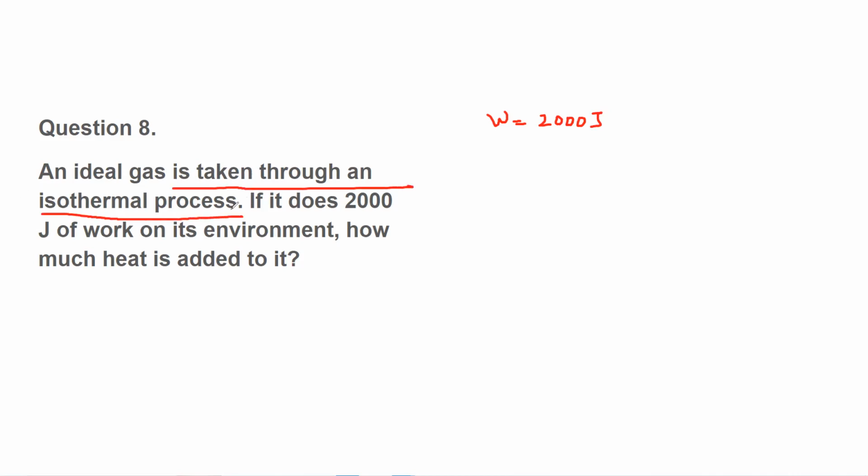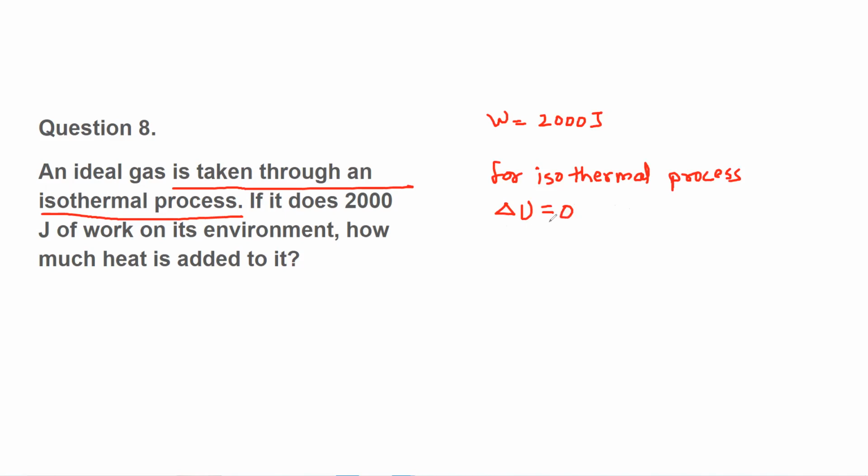So when isothermal process is there, let's write for isothermal process. For an isothermal process, change in internal energy is 0.